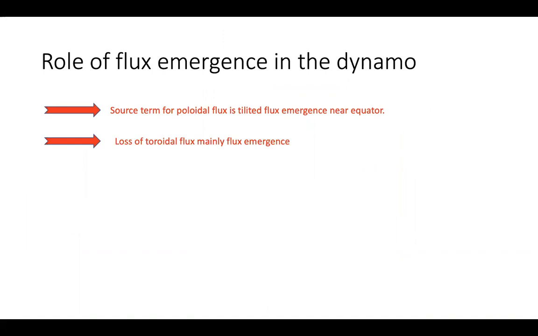So flux emergence is the source term for the poloidal flux. It's basically this tilted flux emergence near the equator. And the leading or the prograde polarity gets carried a little bit more across the equator. So this is the systematic component to that part of the flux budget.